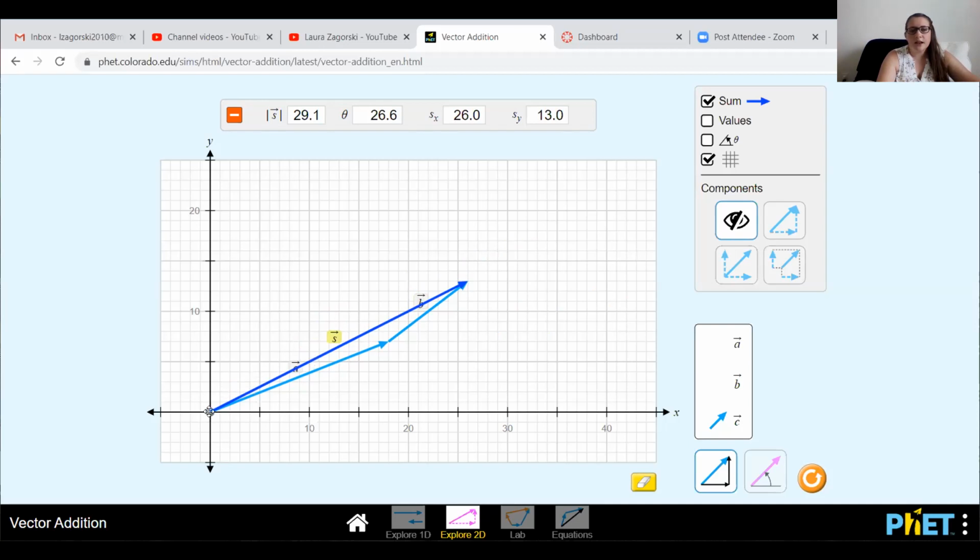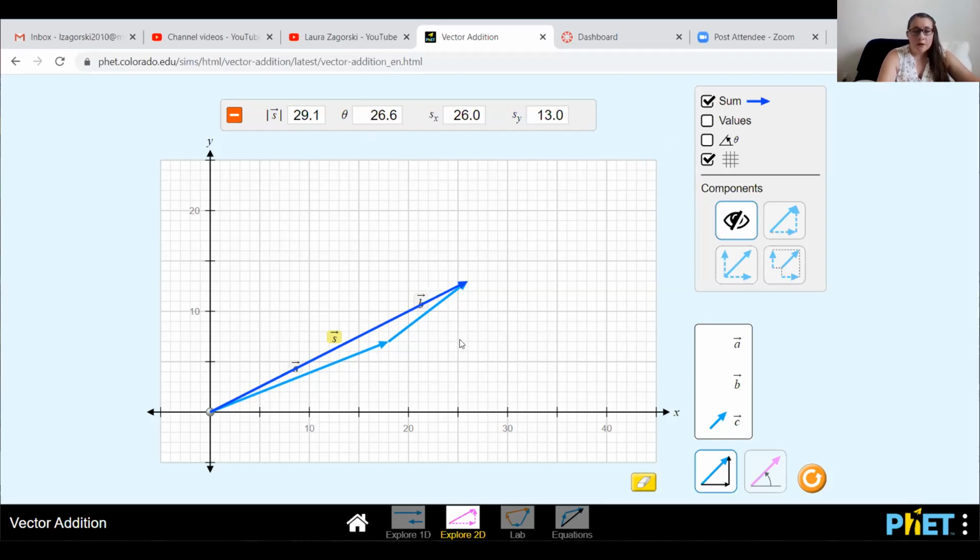Right, so the tail of our resultant starts at the tail of our first vector, and the tip of it ends where we ended up. So it's kind of like if you were a bird and you could fly straight there instead of having to take a roundabout pathway. That's basically the same thing as your resultant vector or your sum vector. And in this case, it is a little bit smaller than our two distances added together. Right? Total distance was 29.3, but our displacement is 29.1.